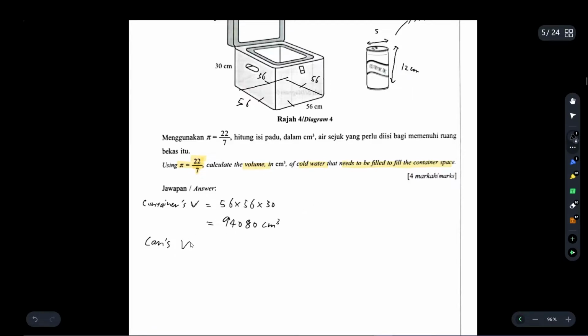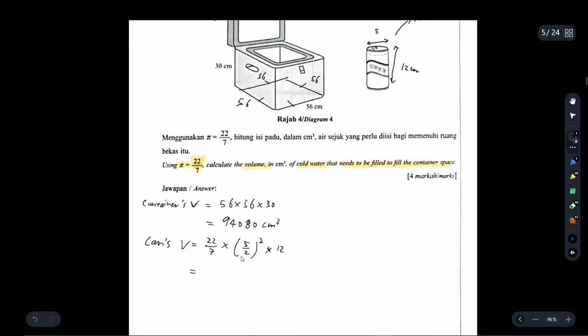The can's volume is pi r square h, so it's 22/7 times the r. What is the radius? The radius is basically half of the diameter, so it's actually 5/2 squared. Pi r square h, right? And h is 12.